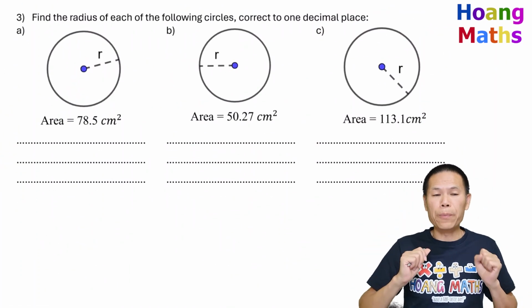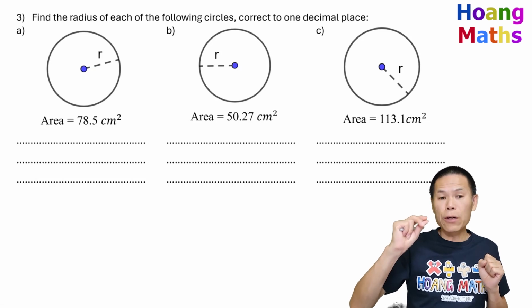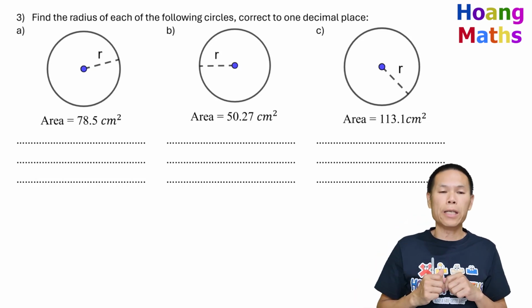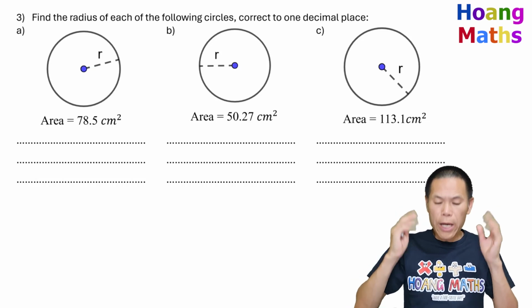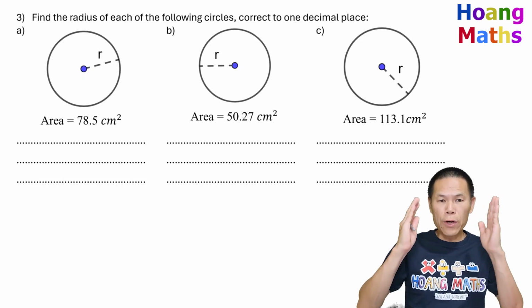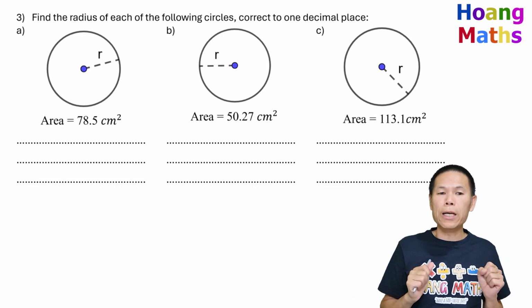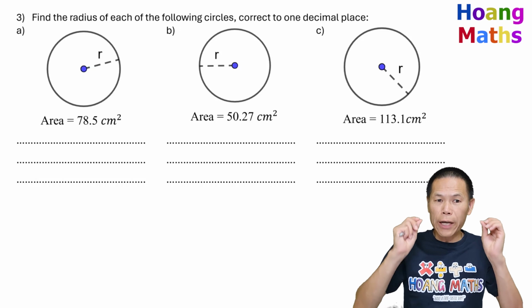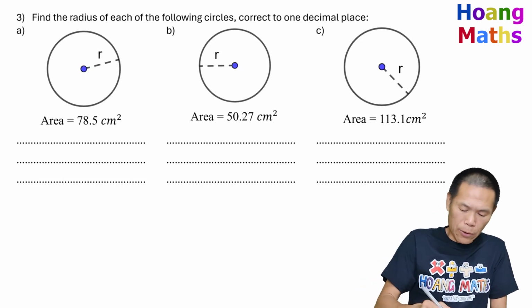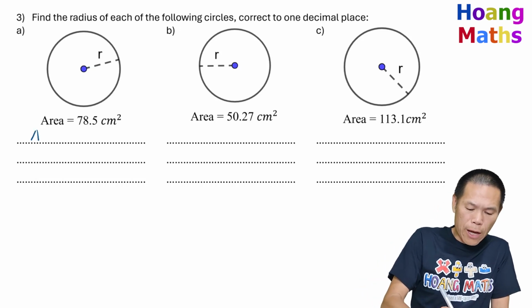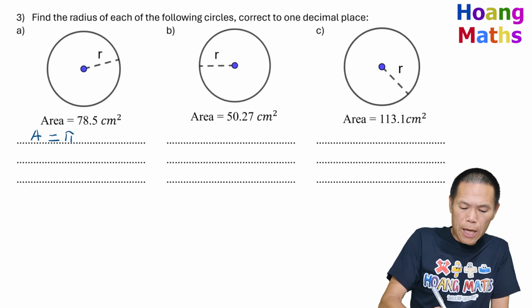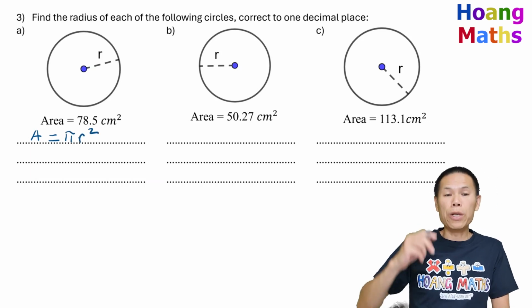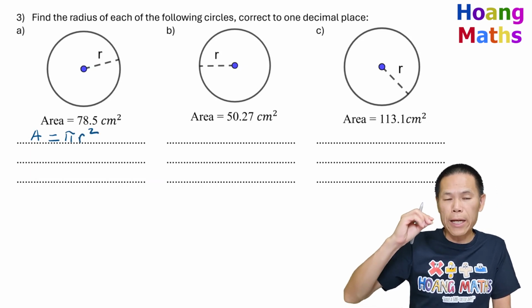Question number 3. So we need to calculate the radius of each of these circles, and the area is given. So first of all, we know that the area of a circle is pi r squared, right? So let me write this down. So area is pi r squared, and we need to find the radius, that is r.